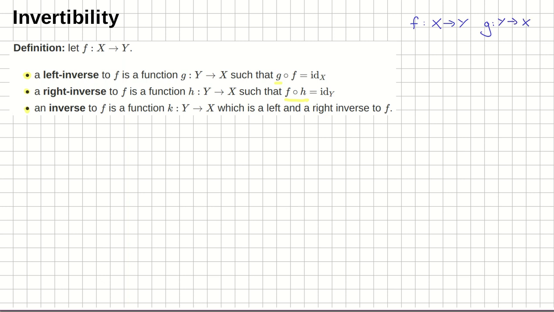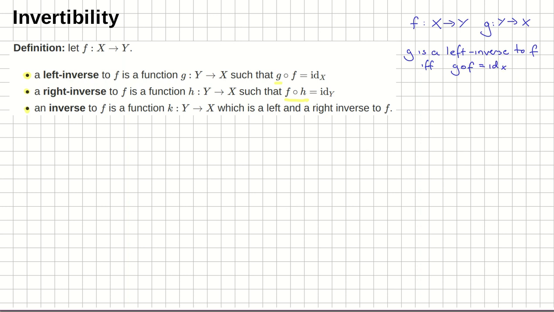Then saying that g is a left inverse to f means, by the definition, that g composed with f is the identity on x.